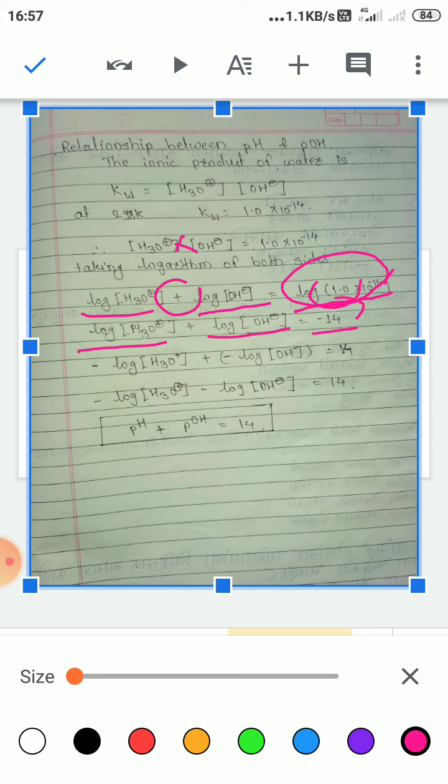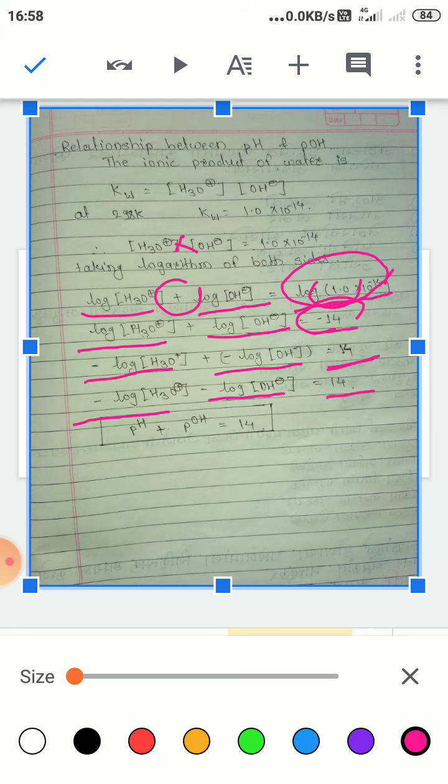We change the sign of this 14, therefore minus log of hydronium ion plus minus log of hydroxide ion is equal to 14. Here the negative log of H3O+ minus log of OH- is equal to 14.